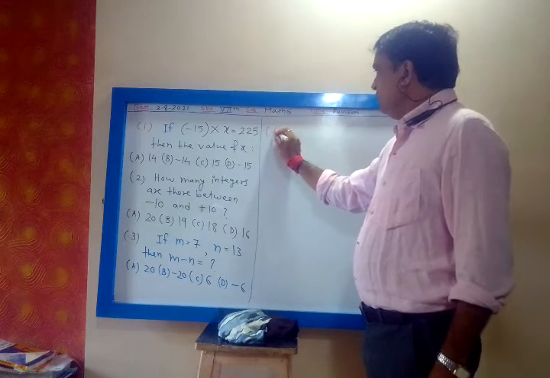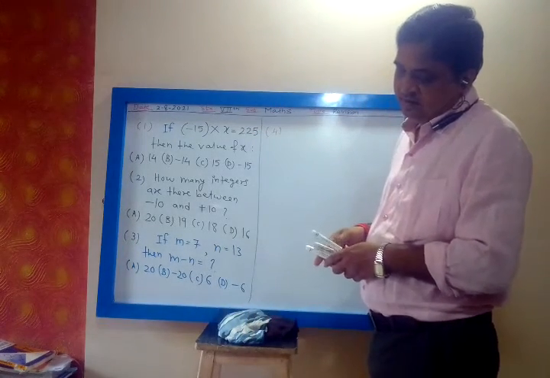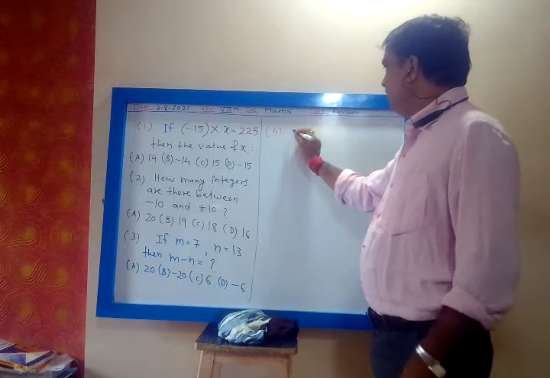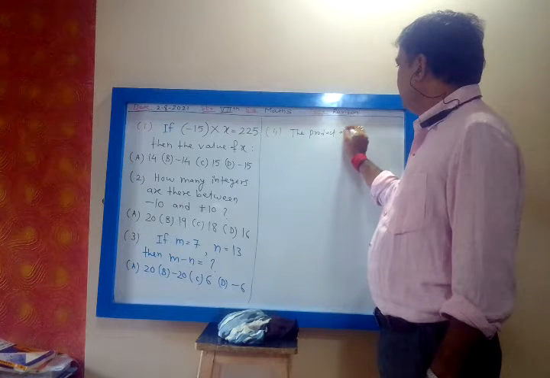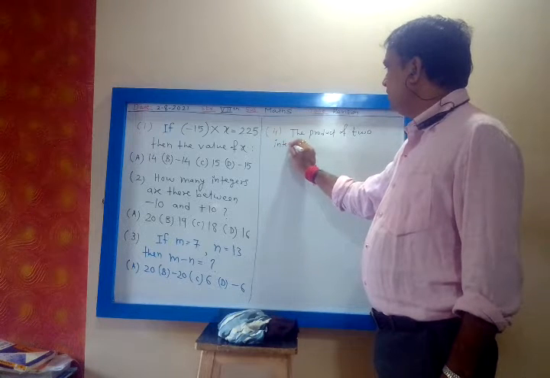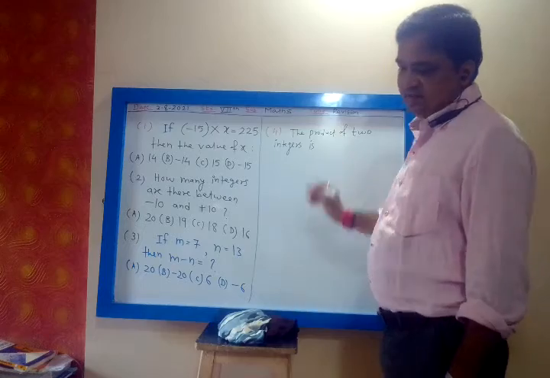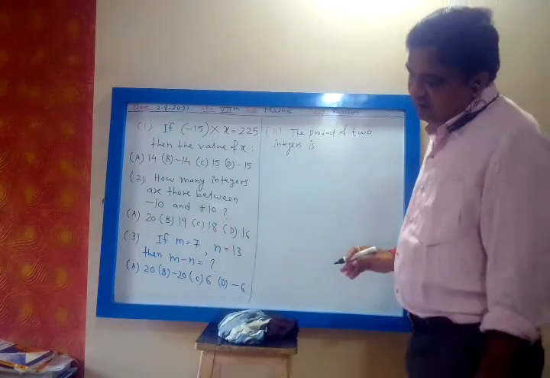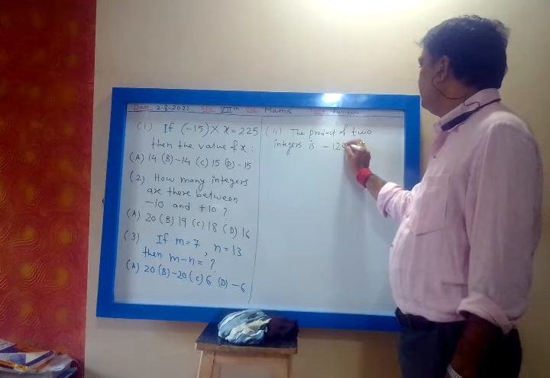Then the fourth question. These are the revision. The product of two integers is minus 120.